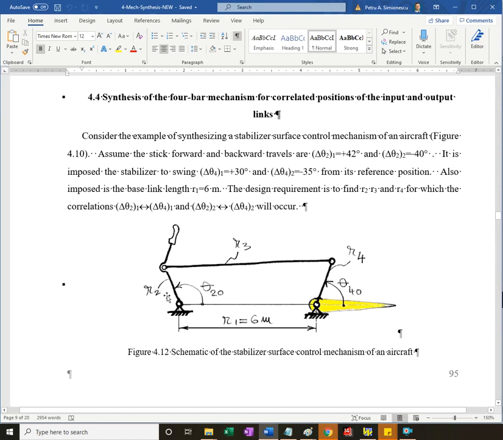So I have essentially 3 positions of the input link and 3 positions of the output link, and these are imposed as forward angle, that is push angle, pull angle, lift angle, lower angle for the control surface.